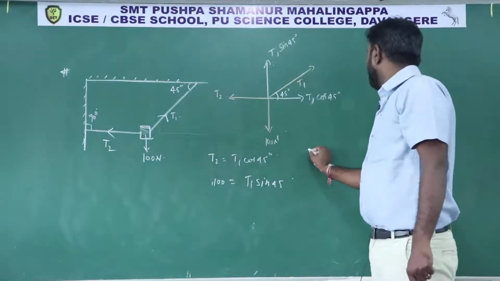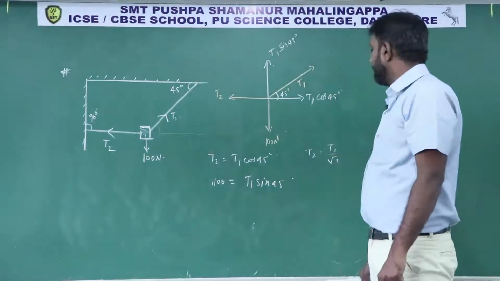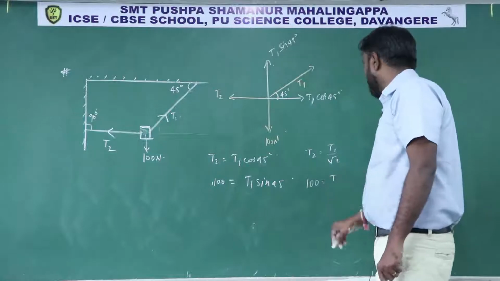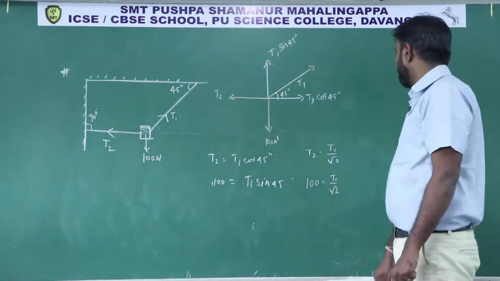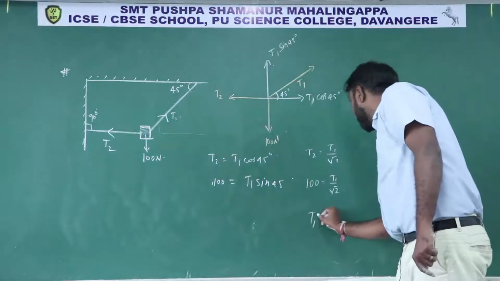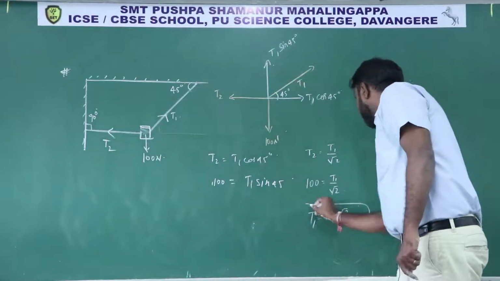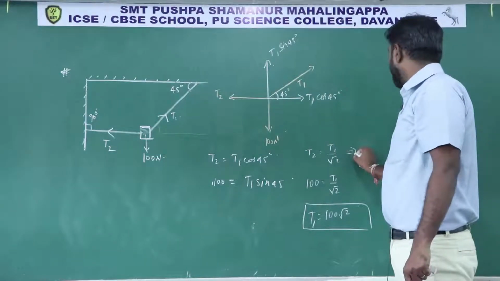If you see, T2 is equal to T1 by root 2, since cos 45 means 1 by root 2. And next, 100 is equal to T1 sin 45, which is T1 by root 2. So what is the value? T1 is equal to 100 root 2, isn't it? T1 is equal to 100 root 2, and what is the T2 value?